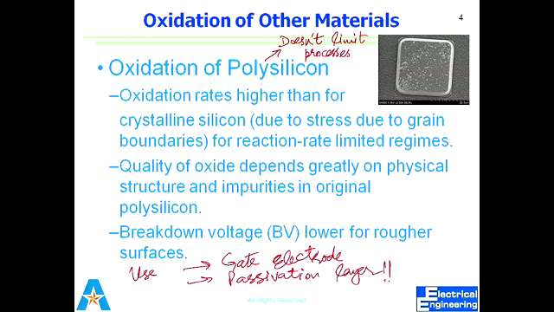Okay, so oxidation of polysilicon. You know what polysilicon is? Polycrystalline silicon. How does crystalline silicon differ from polysilicon? Polysilicon has only groups of grains which are aligned.